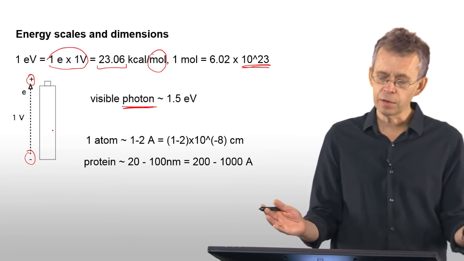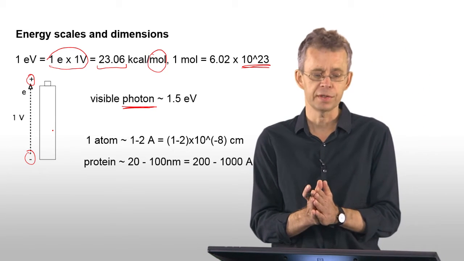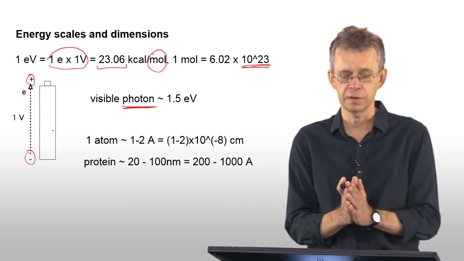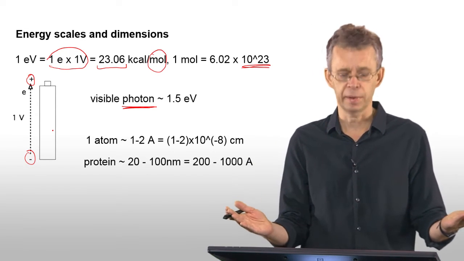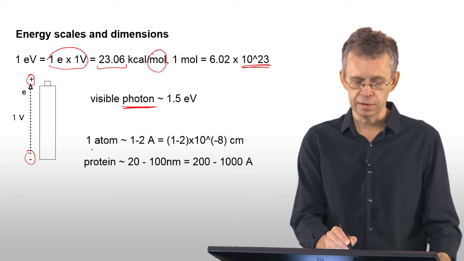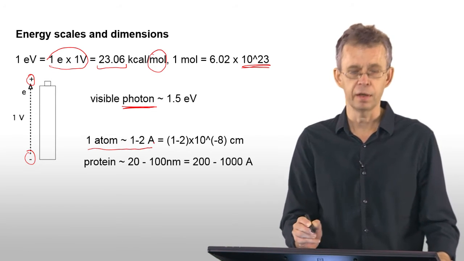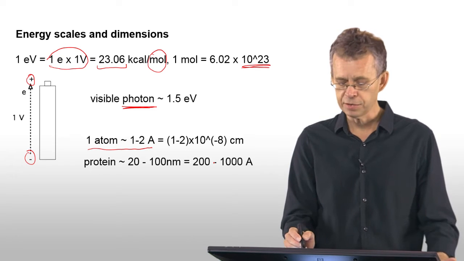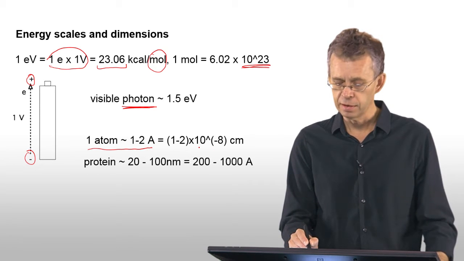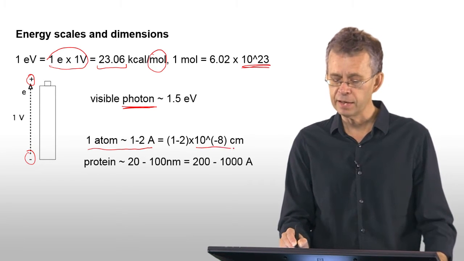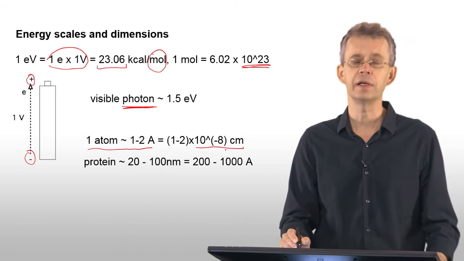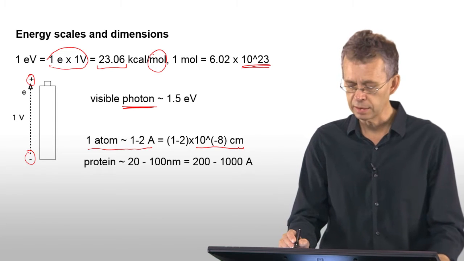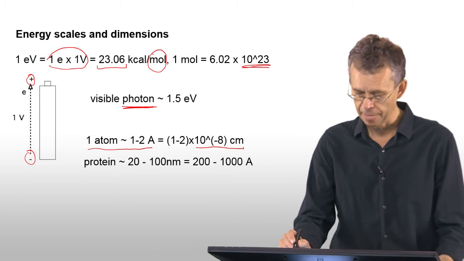The length scale of the molecules and complexes we are talking about: we need to start from an atom. An atom is a few angstroms, and 1 angstrom is 10 to the negative 8 of a centimeter. So in 1 centimeter you can put 100 million atoms.